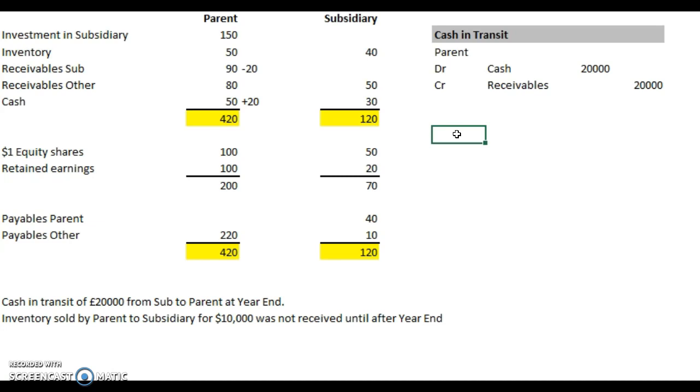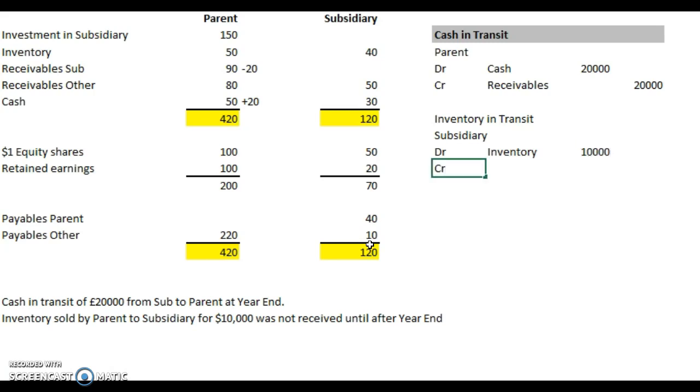What we'll call this inventory in transit, and this is going to be at the subsidiary end. Need to make the adjustments. So we are going to debit inventory. Inventory is an asset. Debit to increase, so that's 10,000.